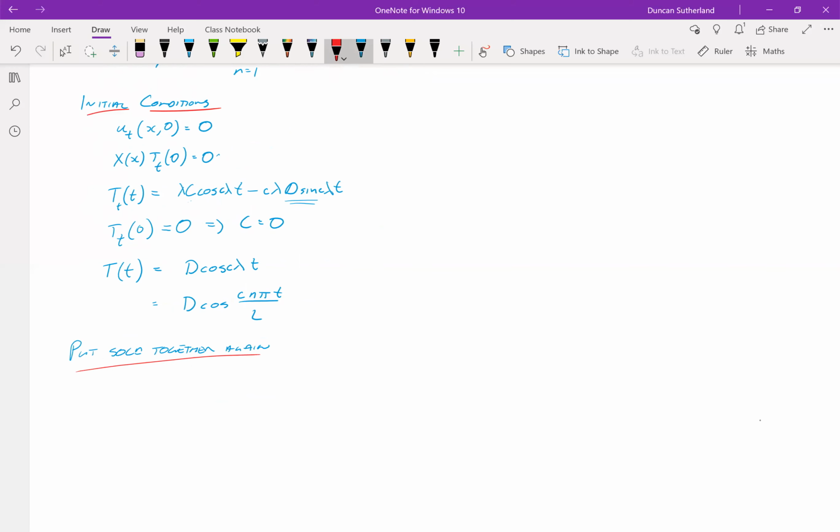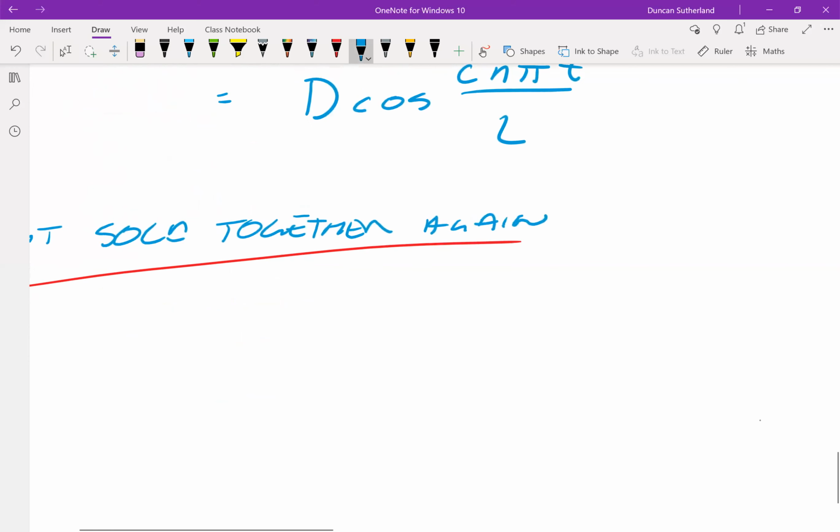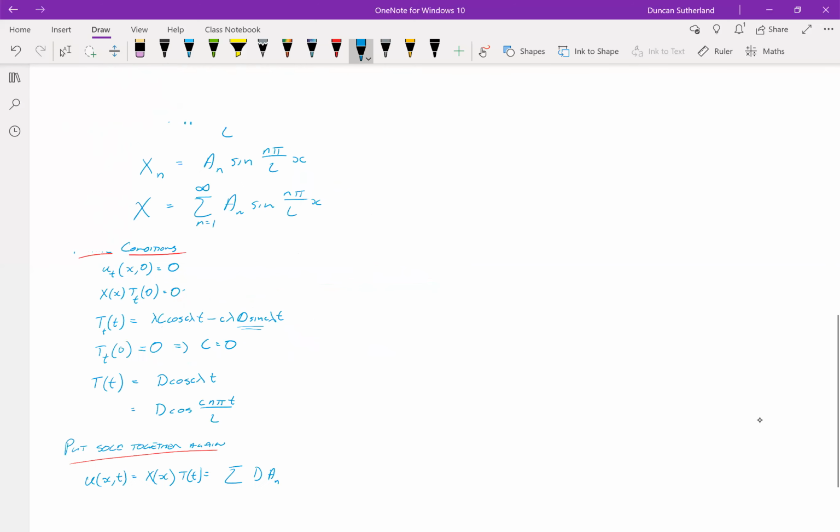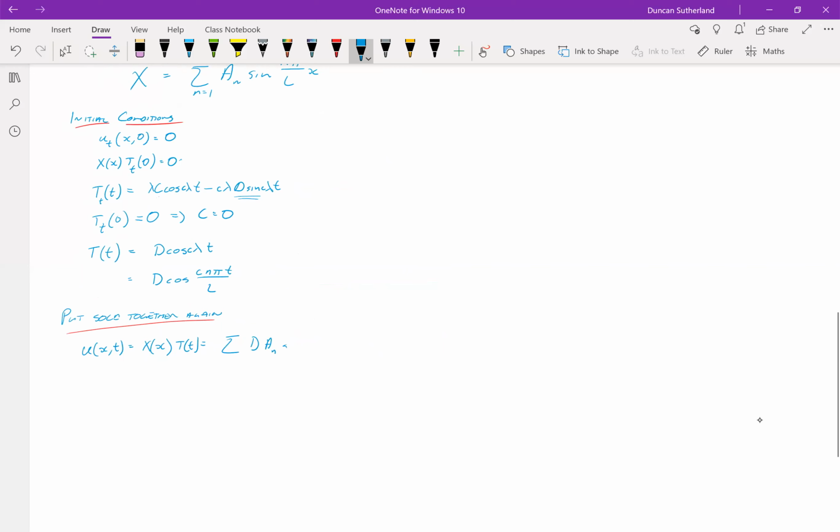So now we can put this back together. So our u of x, t equals X of x, T of t equals D, which is some constant, A n, which was the constant that survived from up here, sine n pi x on L, cos c n pi t on L, like that.